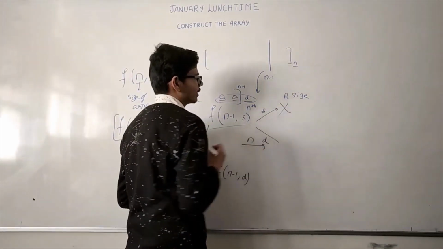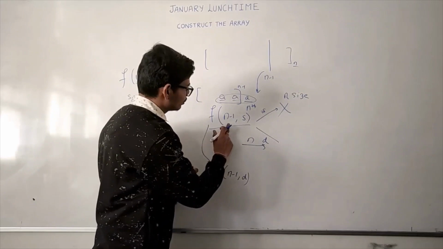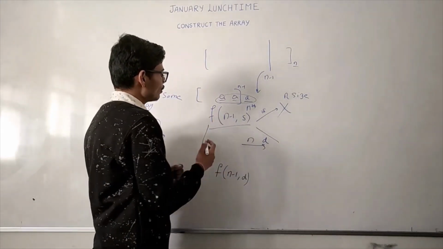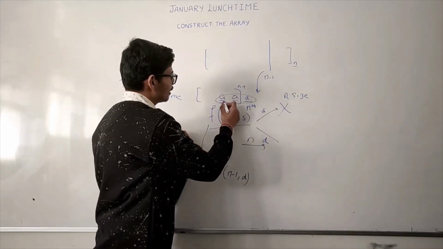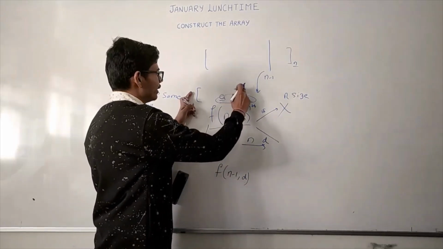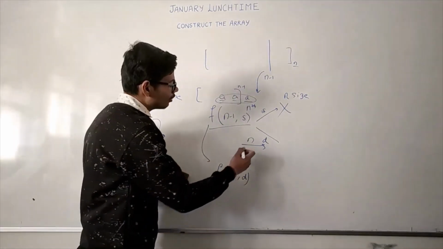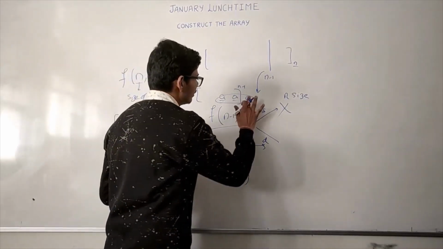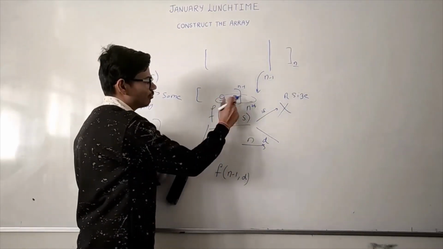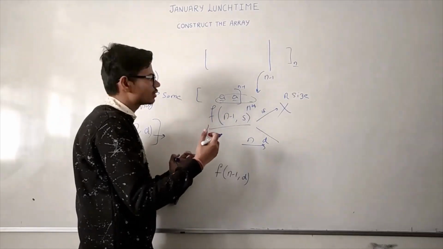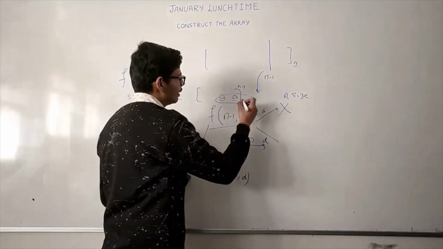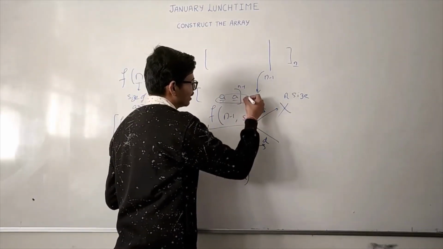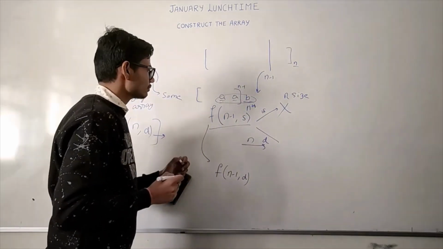So we are not considering this case. Now, in this case, if we have already calculated that the last two elements are same for an array of size n minus 1, and now we are placing a different element at nth position. So this case would be like we have placed A A at the last positions of the n minus 1 array, and we are placing a different element, like we place B here.